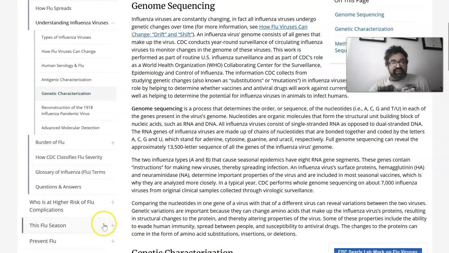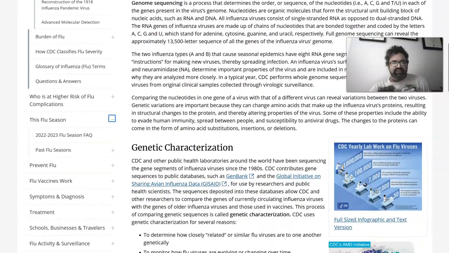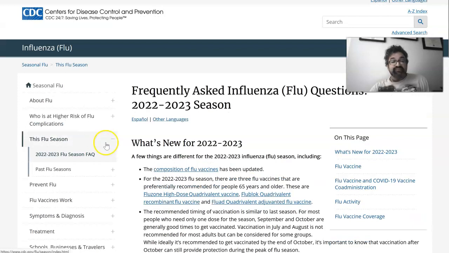So when does the flu season take place? Well, this flu season they actually predicted, based on what they have witnessed in the southern hemisphere, is going to be especially bad.